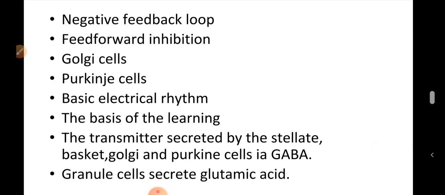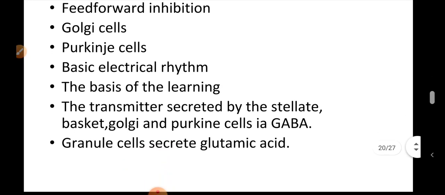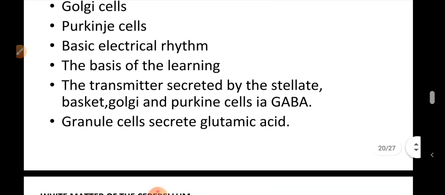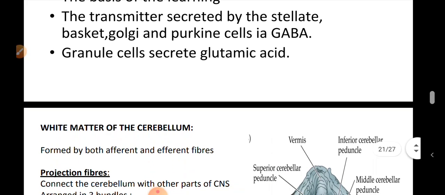Other cells we have seen are Golgi cells and Purkinje cells. There is a basic electrical rhythm present in the cerebellar cortex, and that is helpful as a basis of learning. The transmitter secreted by the stellate, basket, Golgi and Purkinje cells is GABA, which is inhibitory, and the granule cell is the only excitatory cell, which secretes glutamic acid.